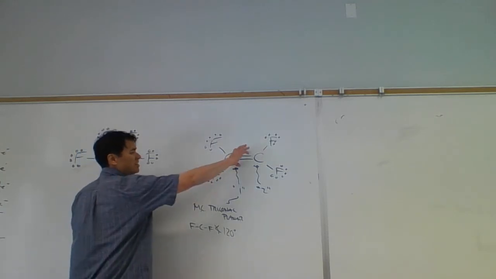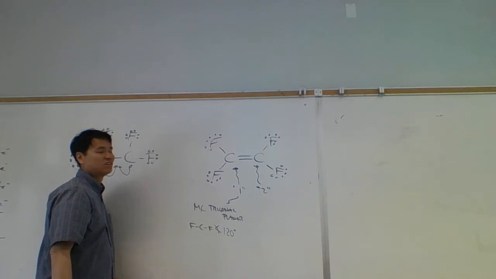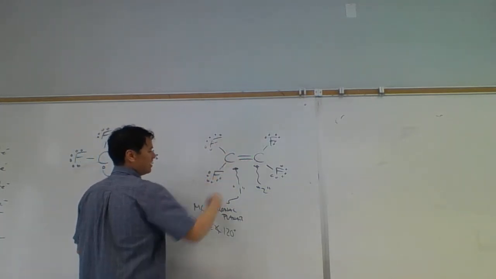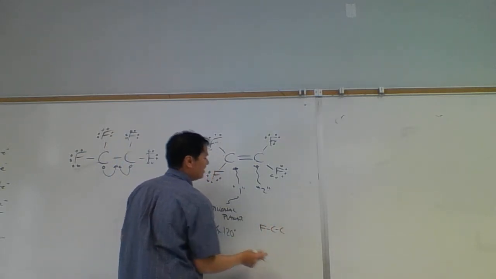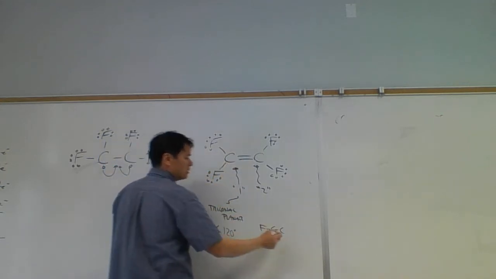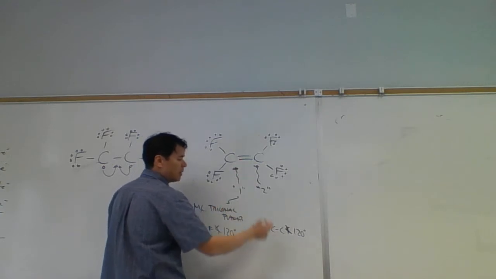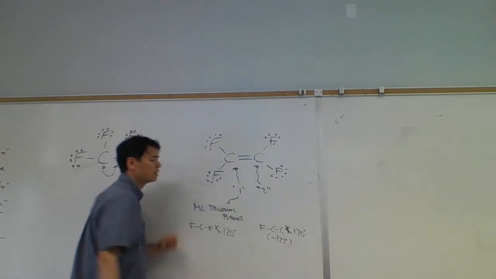This is going to push it in by about 2 degrees. But it's tricky, because the FCC angle expands by 2 degrees. If we've got a bigger balloon here, this expands it. The FCC angle is normally 120 degrees, but because this is a double bond, we expect it to be about 122 degrees distorted.